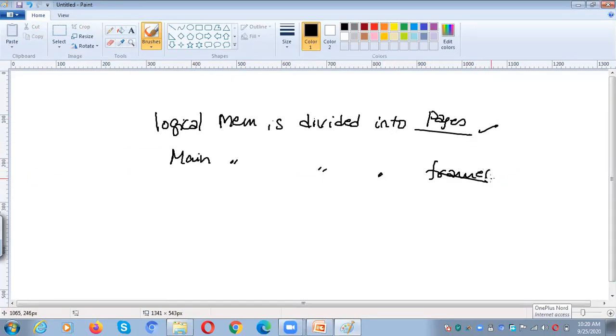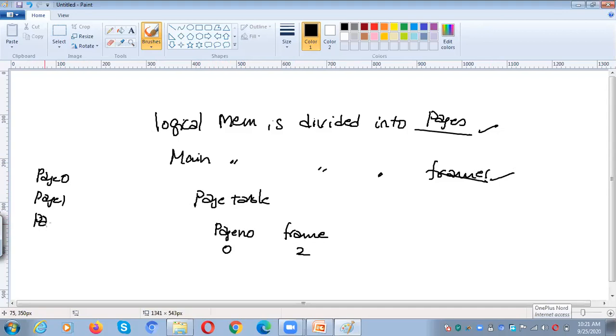Okay. And one more thing, page table. What does a page table consist of? So page table consists of page number and the frame. Okay. If the page, for example, 0th page is in the frame 2, then what does it indicate? For example, I will give you one example. Try to give me the answer. There are 3 pages: page 0, page 1, and page 2. So 0, 1, 2.